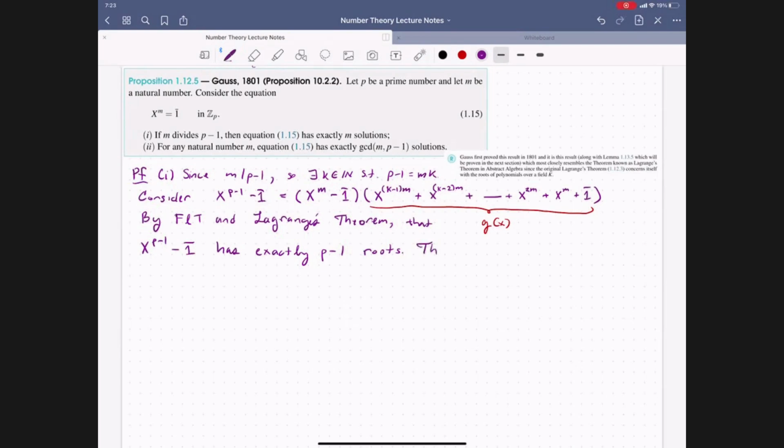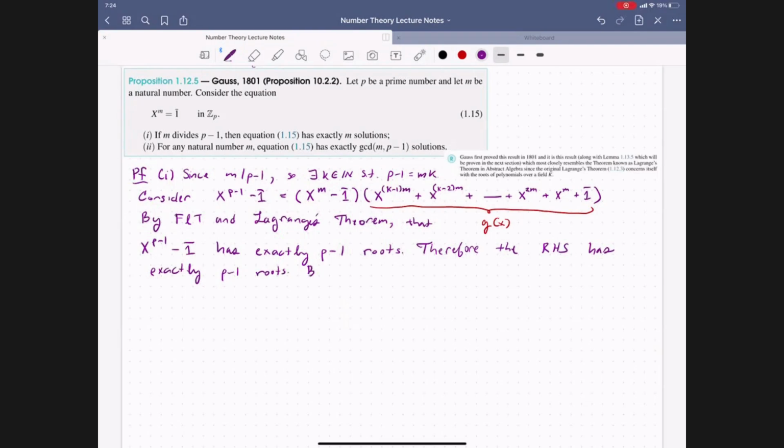Therefore, the product of x to the m minus 1 and g of x has p minus 1 roots. Therefore, the right-hand side has exactly p minus 1 roots.